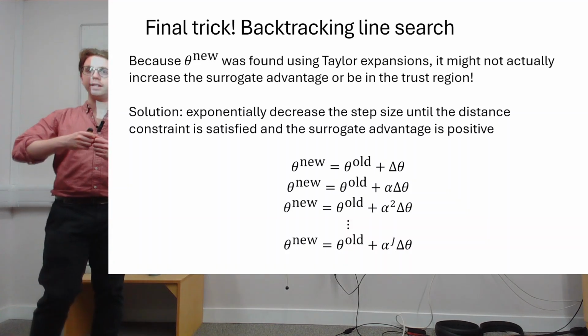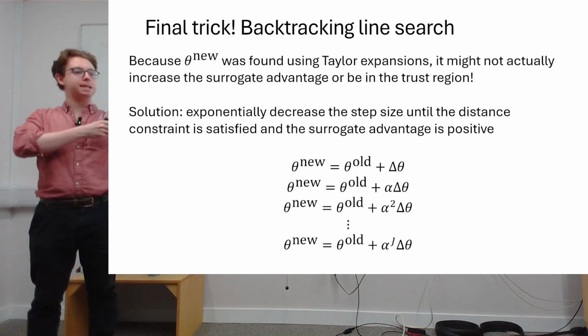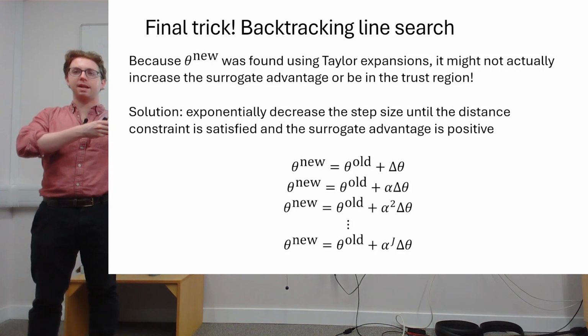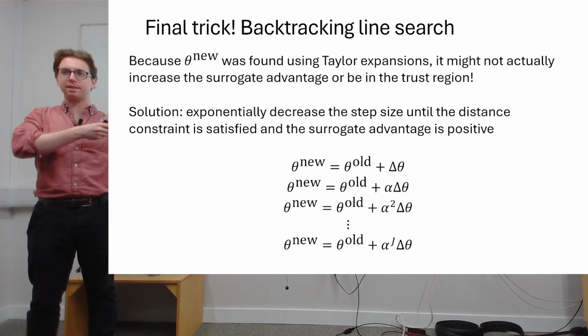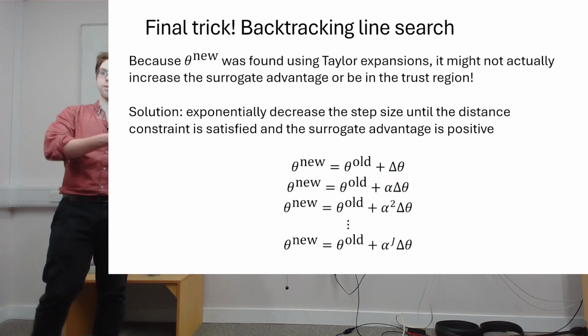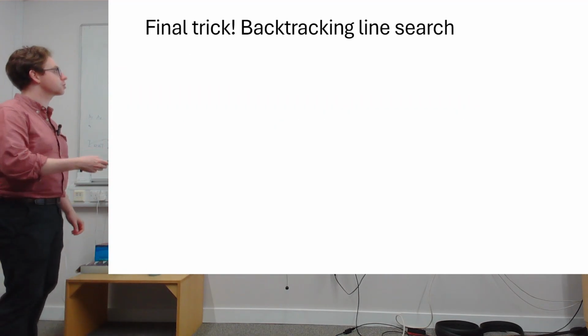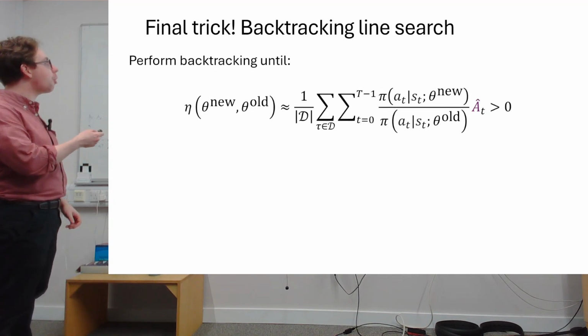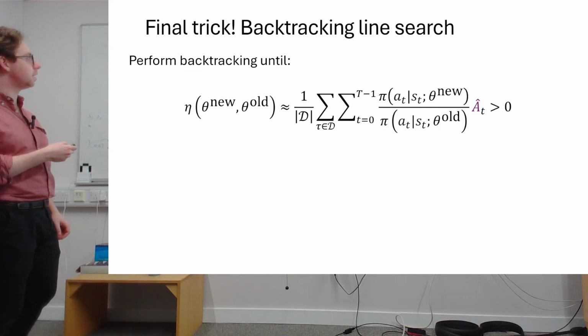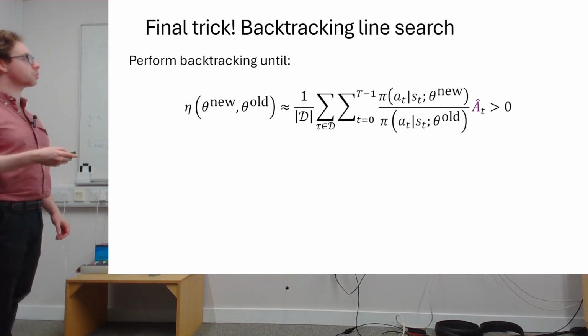The reason it's called that is I start by considering a maximum update. I see if that's acceptable. If it's not, I backtrack by a factor of alpha, and I see if that's acceptable. And I keep doing this over and over again. This is a backtracking line search. Now, we're going to perform this backtracking until the surrogate advantage, which we approximate like this, is positive.